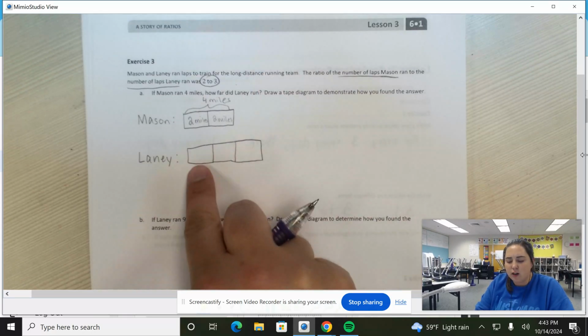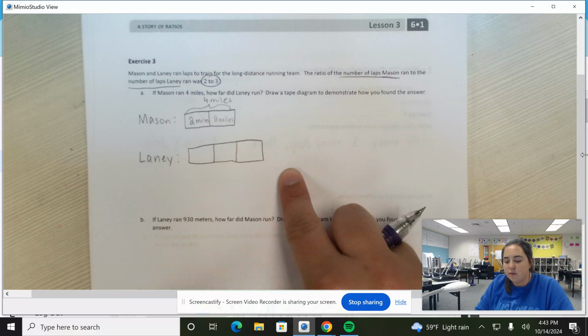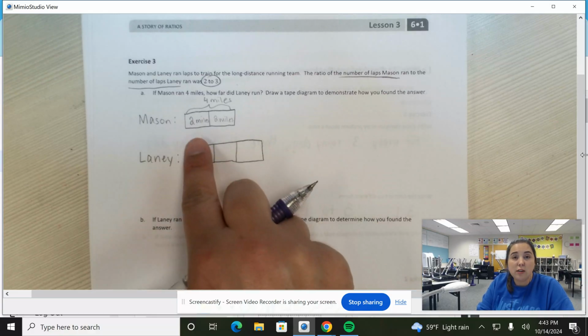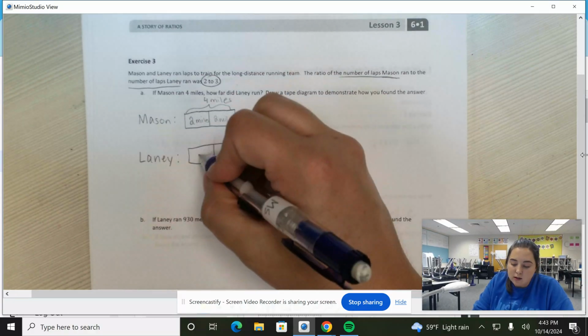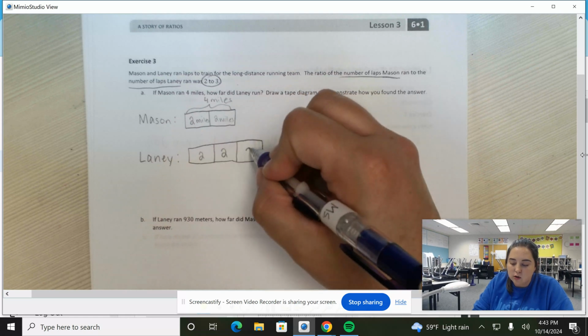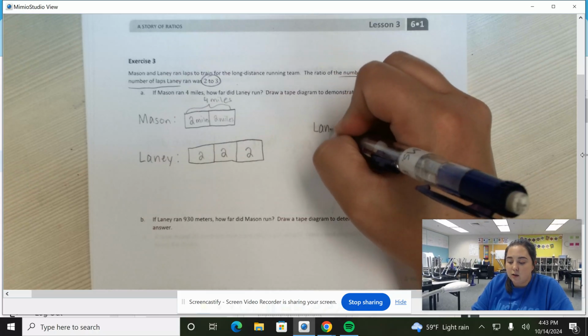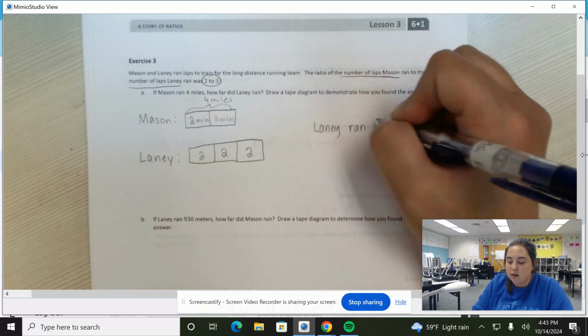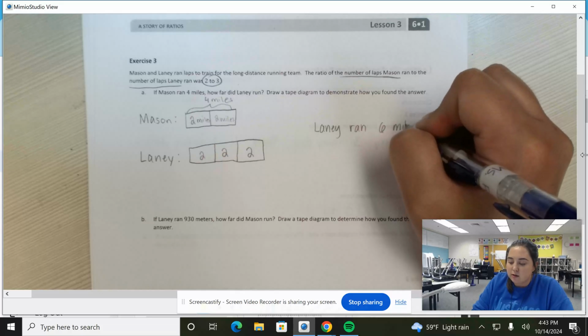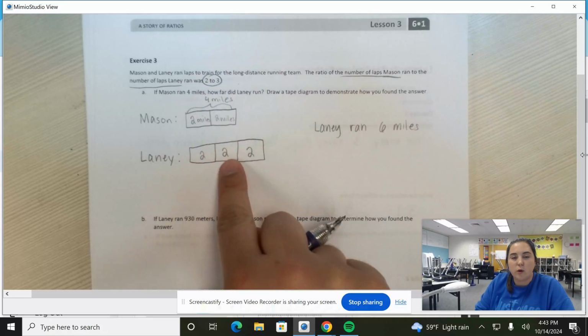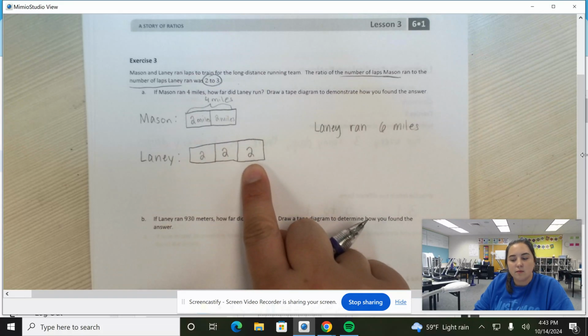Does that help me figure out how long Lainey ran? Yeah, because if each unit is 2 miles, that means this is 2, this is 2, this is 2. How far did Lainey run? Lainey ran 6 miles. 2, 4, 6. See how that's kind of helpful?